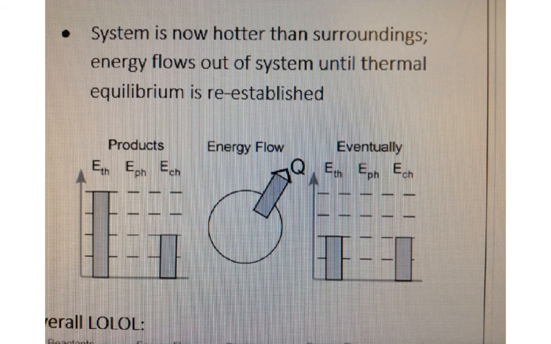Okay, so now that the particles are going faster, remember everybody wants to be thermally at what they were originally, because you always want your system and your surroundings to be about the same temperature, and that's why heat is always transferred to and from, so that they reach that equilibrium with one another. But what happened is that chemical energy forced that ETH to go up. Well, it doesn't like that, so it's going to release that new energy that it received in the form of heat.